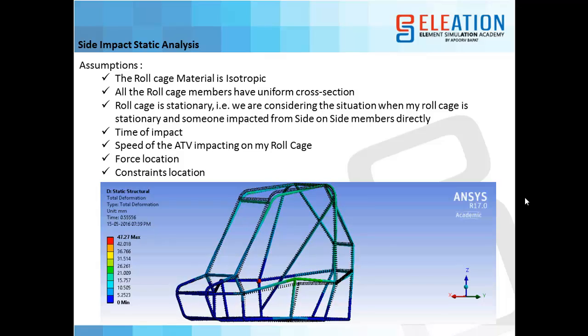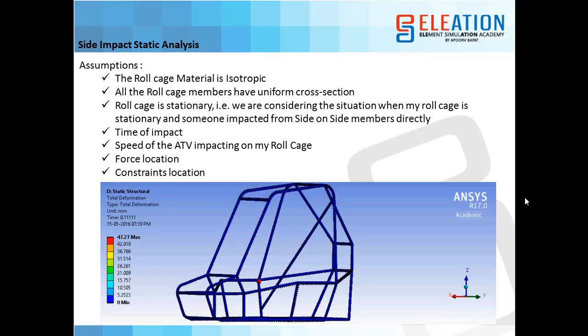Then in side impact analysis we will have almost similar kinds of assumptions, where we consider that some other car is impacting on the side members and we will see the deformation and stress behavior on the roll cage, where we consider the material is isotropic. Then time of impact, speed of ATV, force location, constraint location, everything.